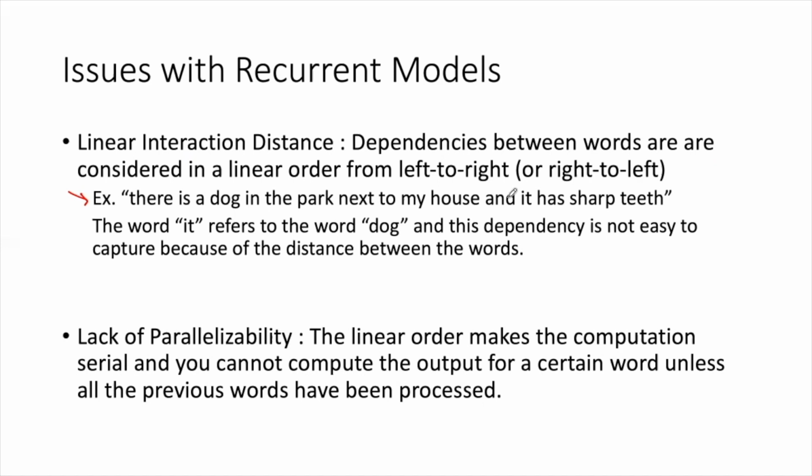With the introduction of GPUs, parallel computation is really fast, but we are not able to exploit it because of this linear dependency. We have to go one word at a time, so we are not able to reap the benefits of GPUs. So these are the two main issues for recurrent models. Because of this lack of parallelizability, the training time also increases. That's another effect.